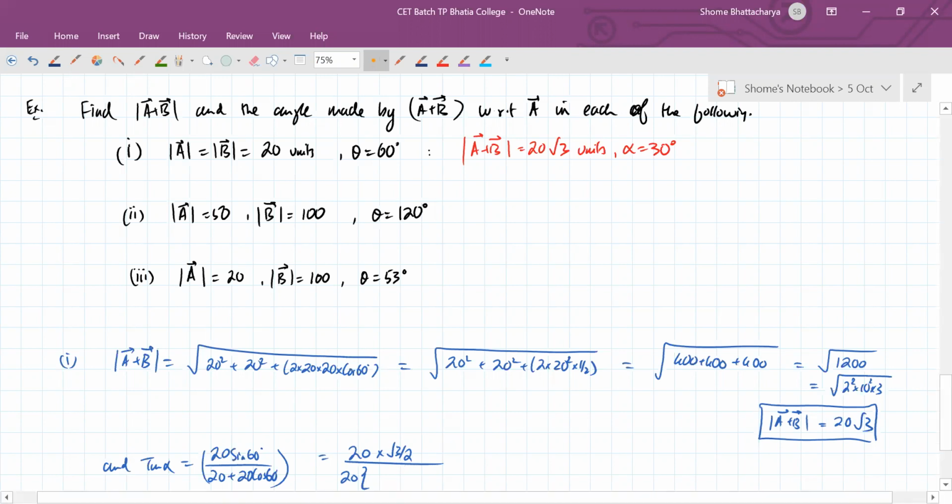So in the denominator, if you take 20 common, so I have root 3 by 2 divided by 3 by 2, which means that tan alpha is 1 by root 3, which means that alpha is 30 degrees. Okay, so that is the solution to the first part.